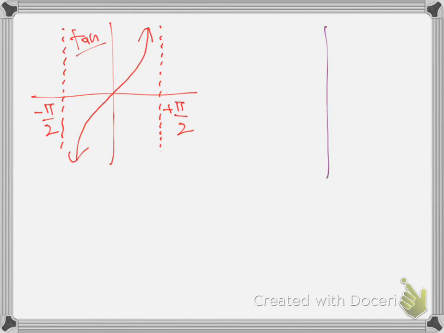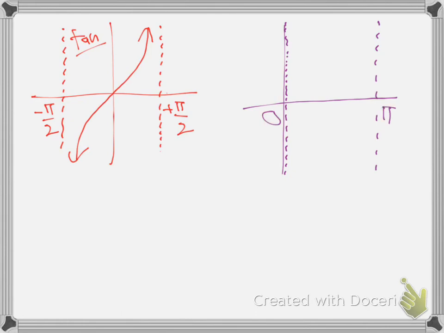So come on over for cotan. Cotan is going to go from 0 to pi. So first off, cotan has the vertical dotted lines shifted a bit.